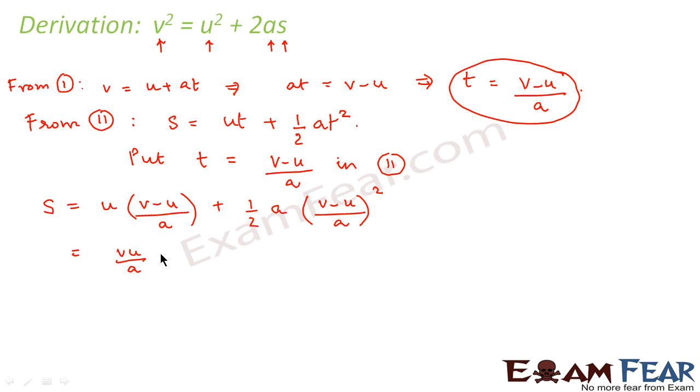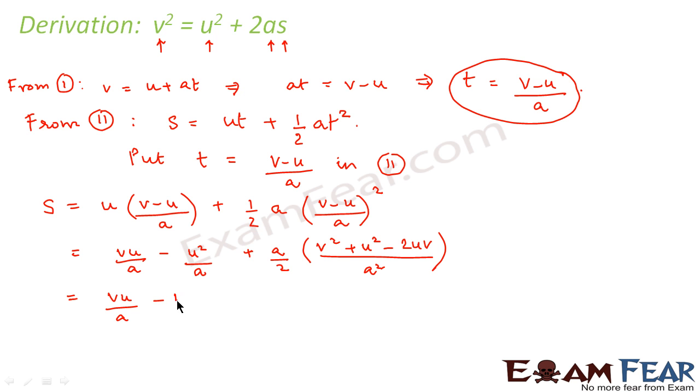So this comes out to be vu by a minus u square by a plus a by 2 into v square plus u square minus 2uv divided by a square. Now this comes out to be vu by a minus u square by a plus v square by 2a plus u square by 2a minus uv divided by a.